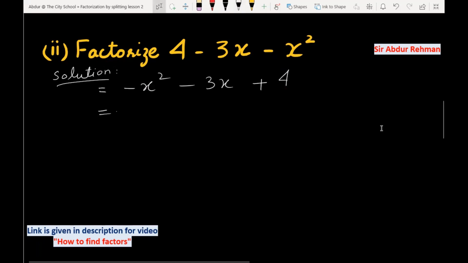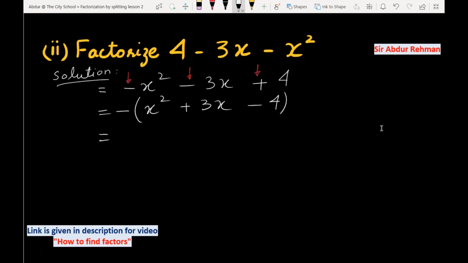So I'm going to take minus common here. When you take minus common, you have to change all the signs: minus becomes plus, and plus becomes minus. It will be x squared plus 3x minus 4 here.